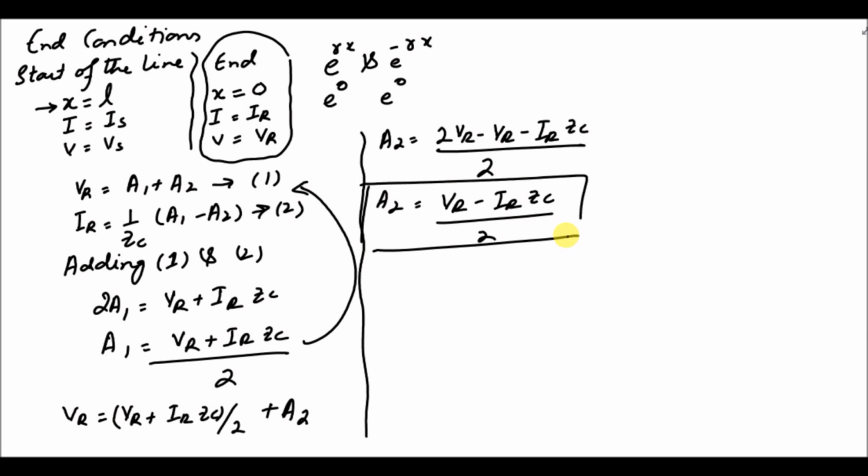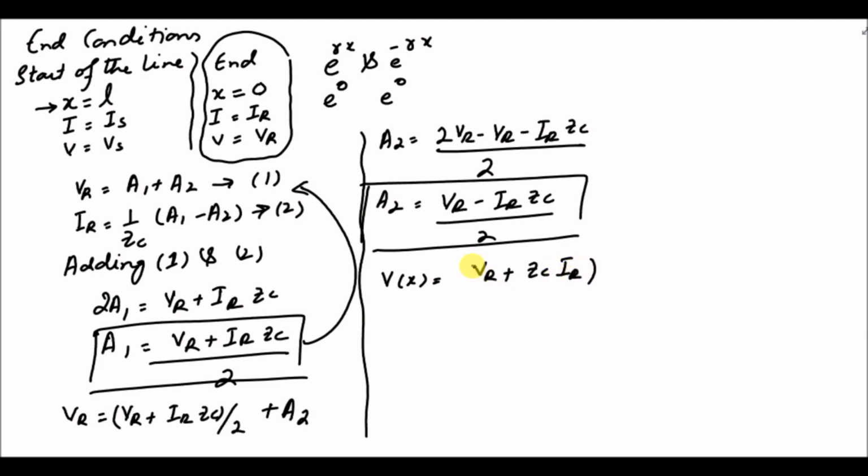So these are the values for the constants A1 and A2. Now we will put these two constant values in the original voltage and current equations, which were in terms of Vx and Ix. After putting the constant values in the equation, Vx will be equal to (VR plus ZC IR) divided by 2 e raised to gamma x plus (VR minus ZC IR) over 2 e raised to minus gamma x.